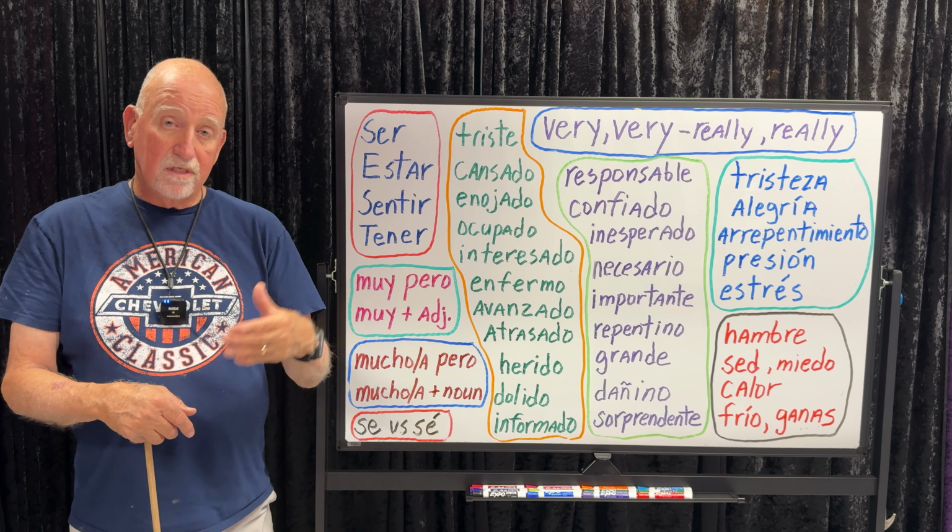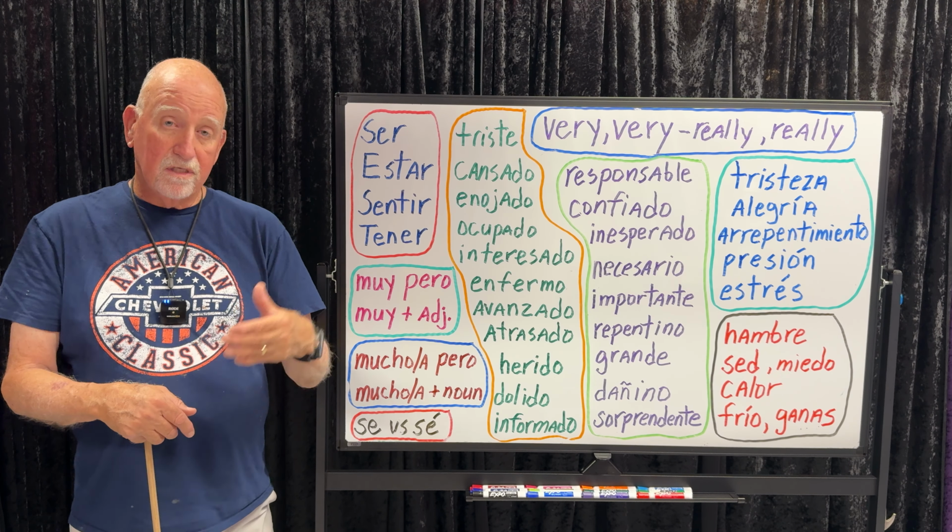Now, if you have an adjective and you want to say really, really, or very, very, it's going to be muy, pero muy. The operative word here is pero. If you want to say like, I'm really, really sad, you'd say, estoy muy, pero muy triste. These are adjectives, right? Estoy muy, pero muy triste.